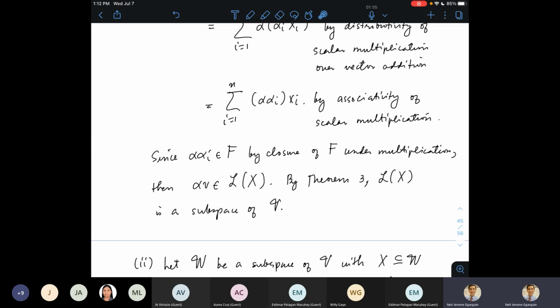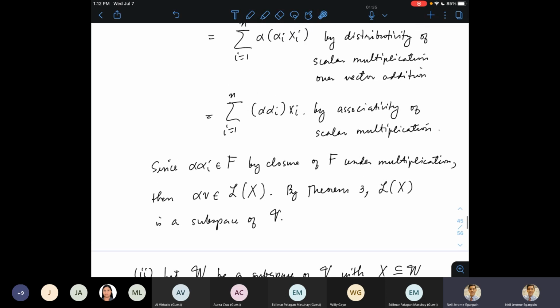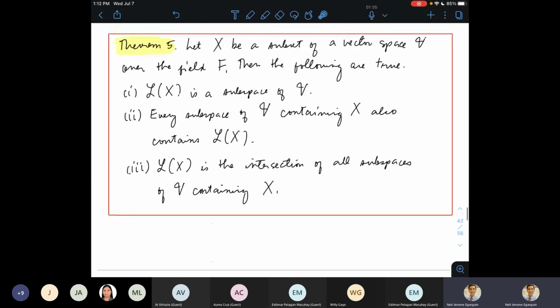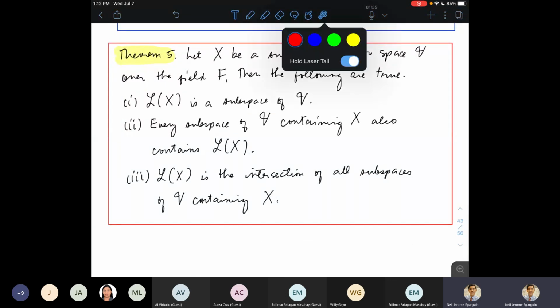I leave the reading of case 1 to you guys. I'll just focus on case 2 kasi medyo trivial yung case 1. And then also in the interest of time, let's try to see how statement 2 was proven.